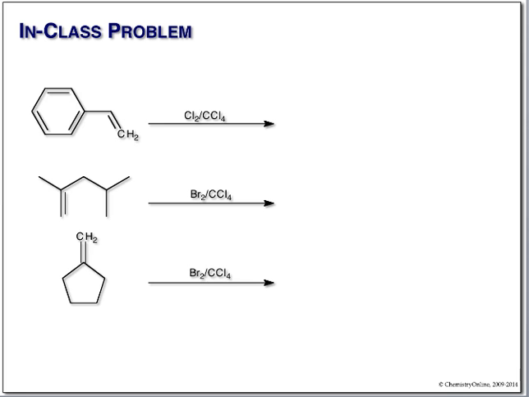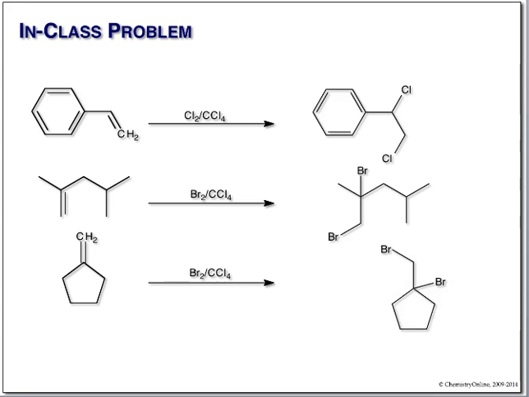So we're simply going to add chlorine here and here and get that as our product. Once again, we're adding bromine to this carbon and this carbon. Don't have to worry with stereochemistry. And one more time, going to add to our exocyclic double bond. One bromine there, one here, and that's our product.